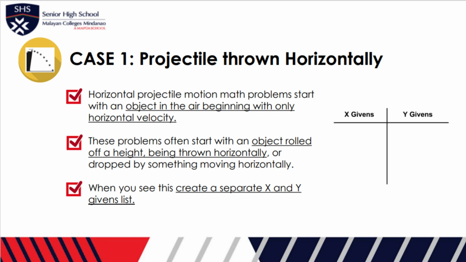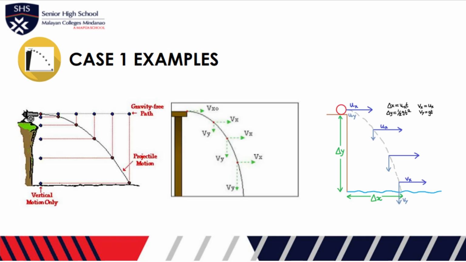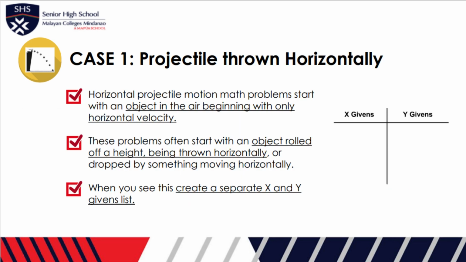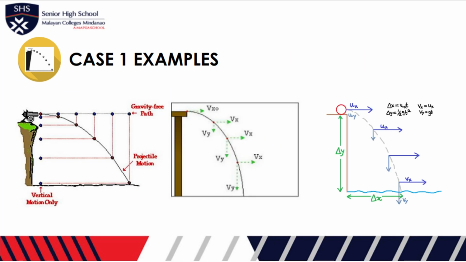When you encounter those problems, you need to create separate X and Y givens lists. To understand more, we have here examples for case number 1. So these are being thrown horizontally as shown.